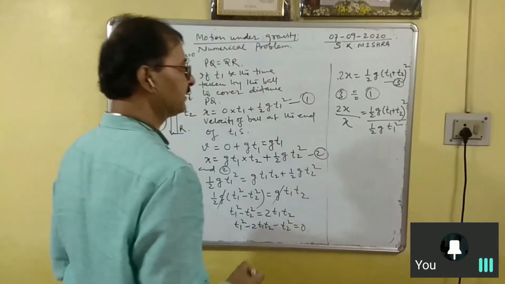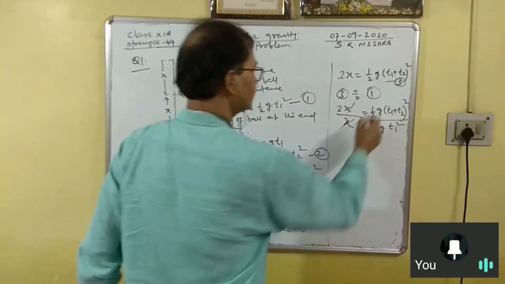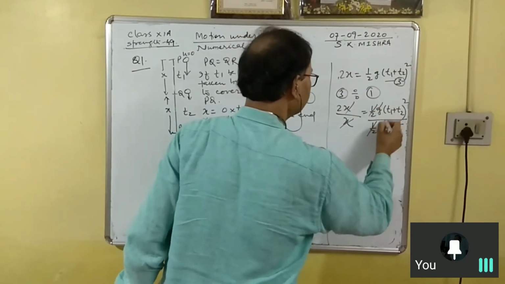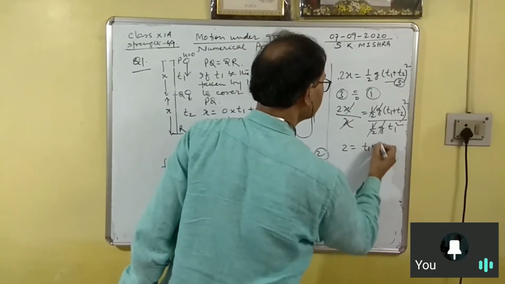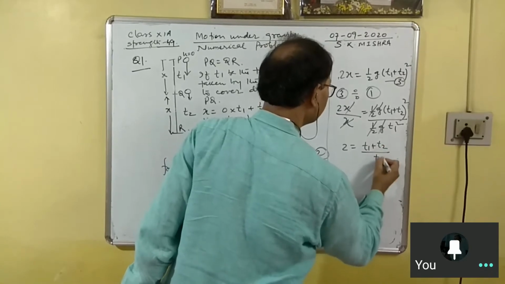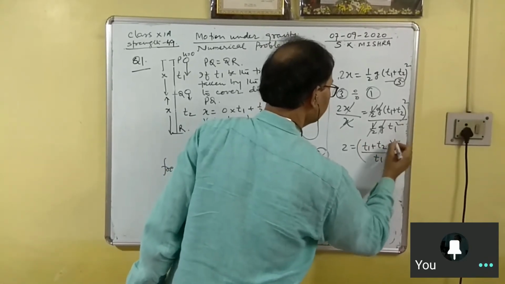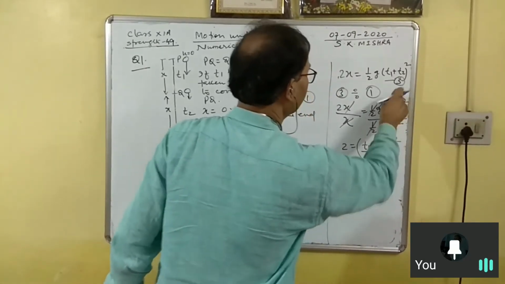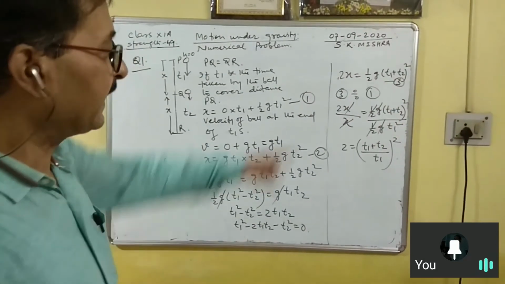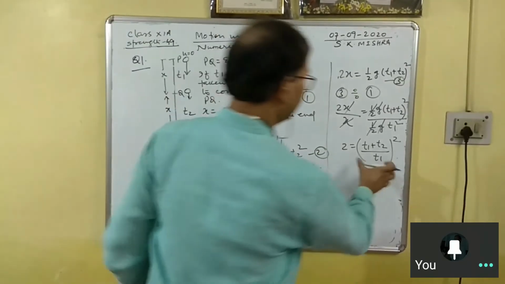Am I right? Cancel it. You can cancel it. So then this side is 2 and here it is (T1 plus T2) by T1 square. Take a common square because denominator is also square, numerator is also square. So can I write this one as like this?